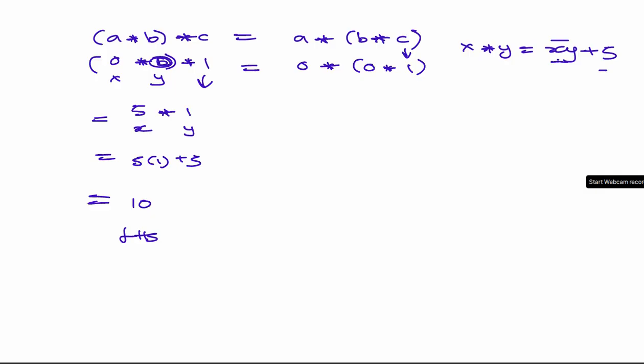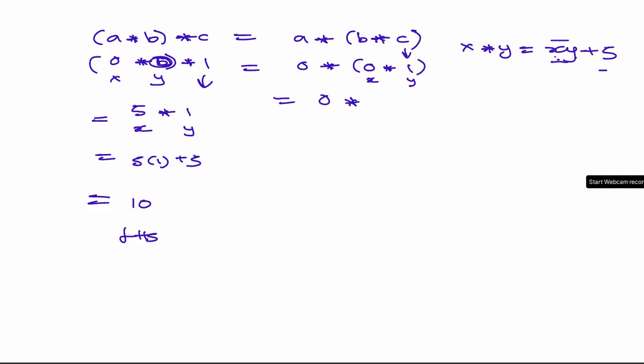Okay, so now we can go to our right hand side. We see what is on our right hand side. As usual, we start with what is in the bracket, so 0 star 1. That means this becomes our x and this becomes our y, 1. So where there is x, we put 0, and where there is y, 1.